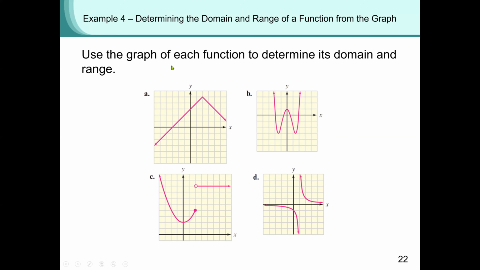So now they say we should use the graph of each function to determine its domain and range. To use the graph is very straightforward. We look at this graph A. Let's start with the domain, which is x. So the beginning of x is here to the end.